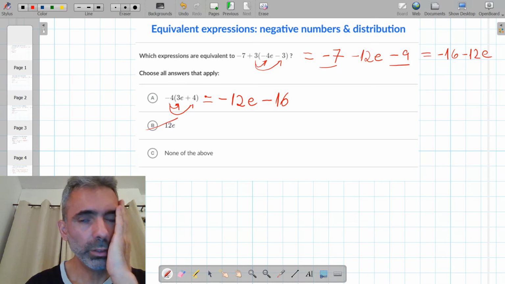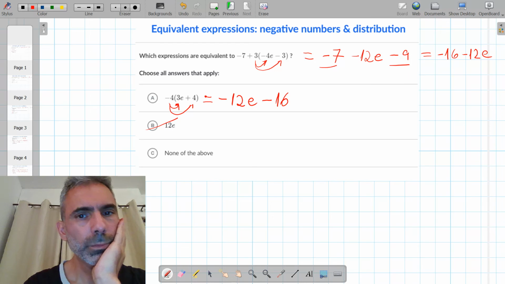Is it equivalent? Because the terms are not arranged in the same way. So can I flip the order and still maintain the same value?